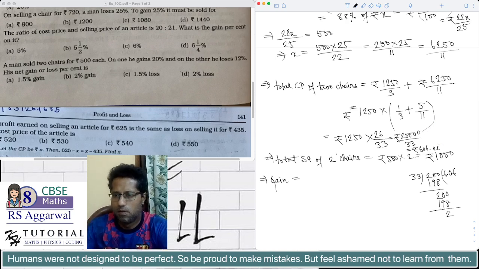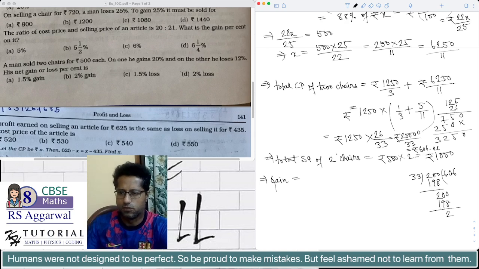So what is 125 multiplied by 26? It is 3250.